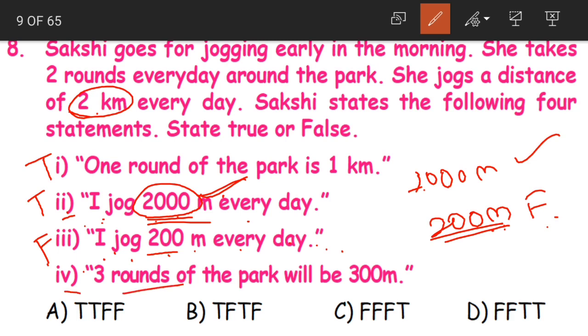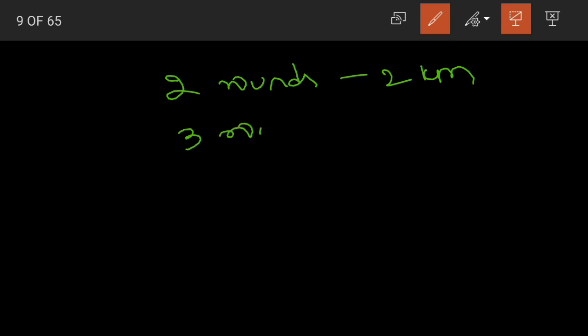Coming to the last statement, 3 rounds of the park will be 300 kilometers. Here 2 rounds are 2 kilometers. Then 3 rounds would be how much? Yes, 3 rounds would be 3 kilometers. But in the statement it is given that 3 rounds would be 300 meters.